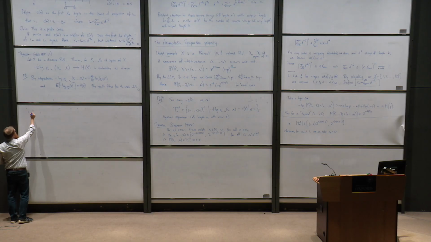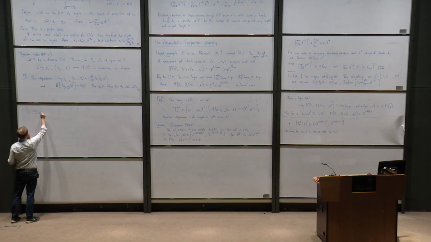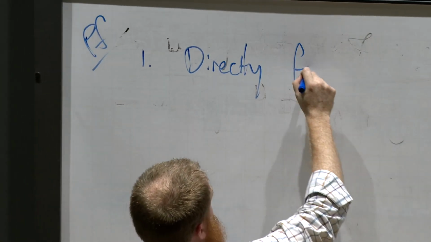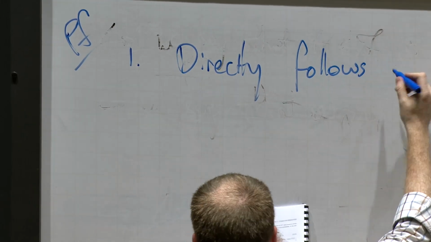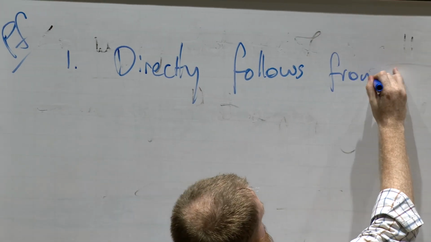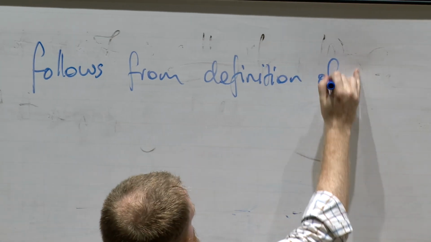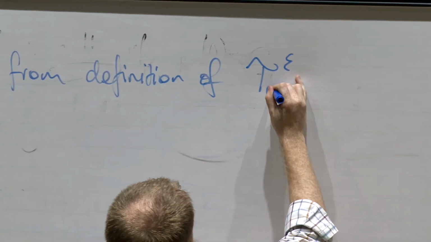So point 1 directly follows, so this is the proof, from the definition of T epsilon n.